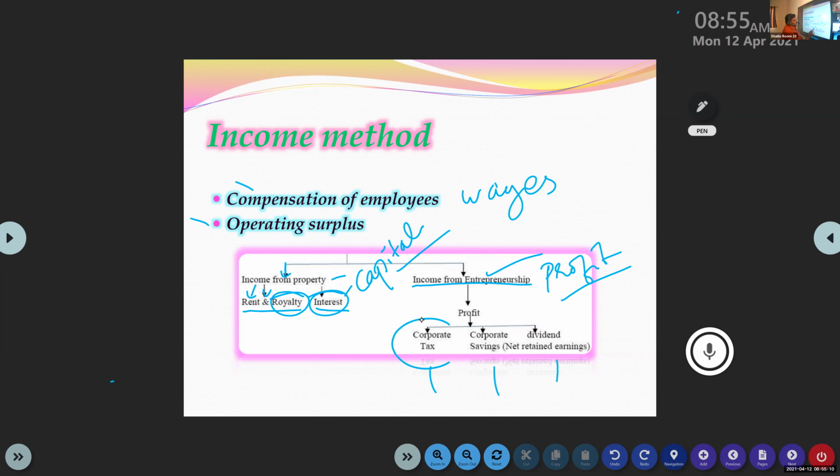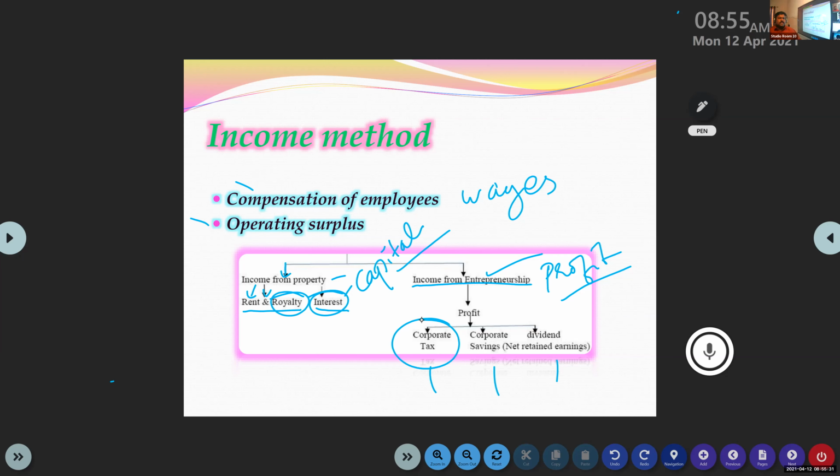What do you mean by corporate tax? There are two basic types of direct taxes. One is the income tax, the other is the corporate tax. Please write that down.